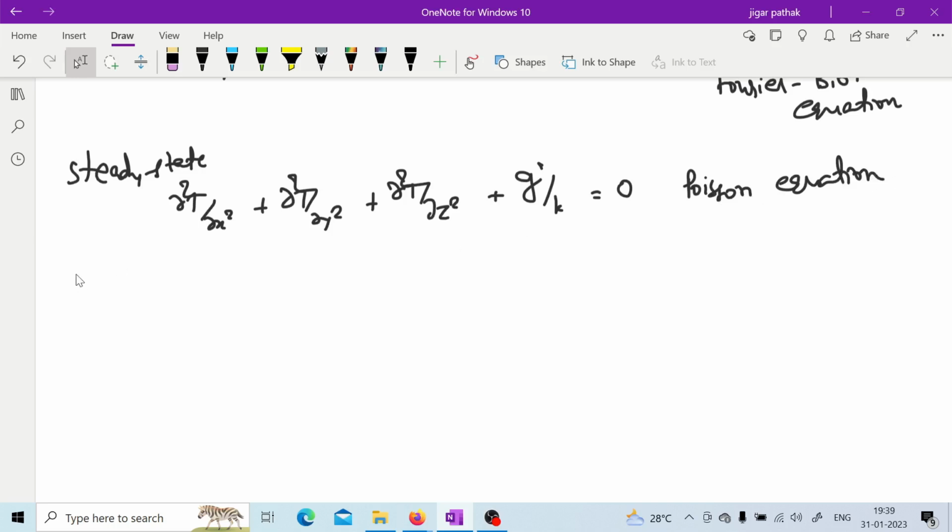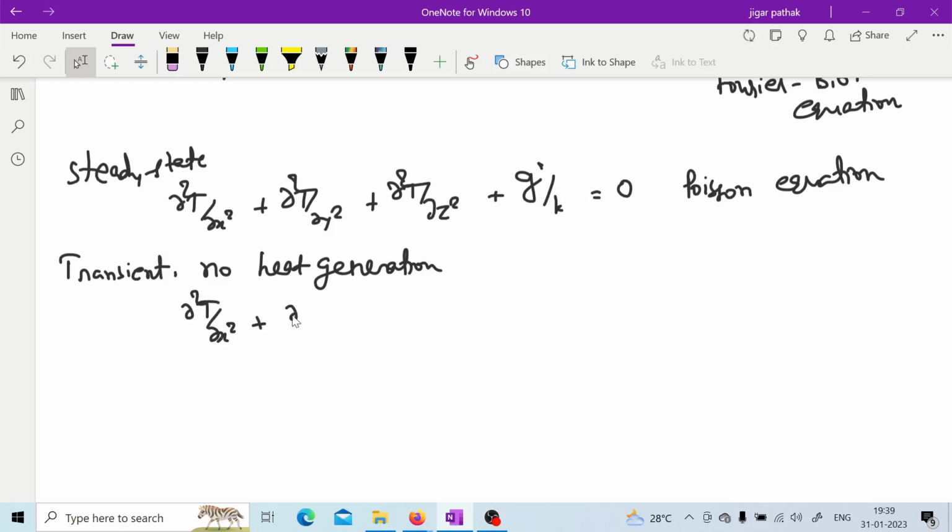If you consider transient and no heat generation, then it will be like this. And if you provide both steady state and no heat generation, actually this equation is the diffusion equation.